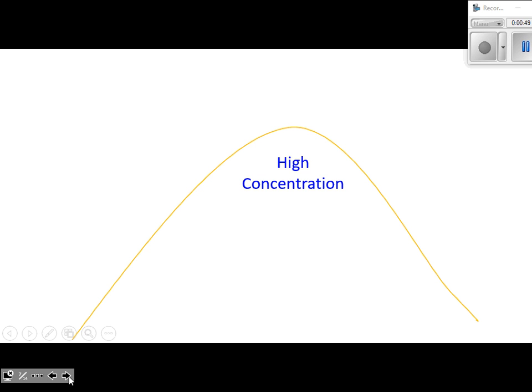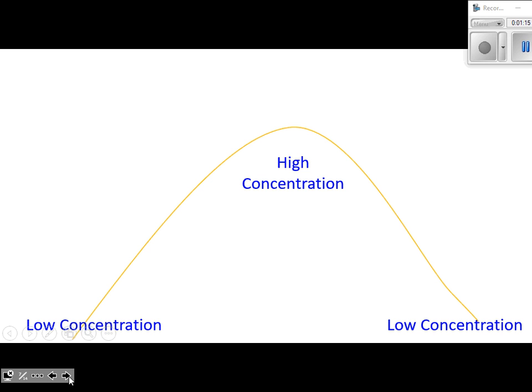And we're going to then represent the two bottom parts of the hill as the low concentration. So the top of the hill is high concentration. The bottom of the hill, whether it's on the left or the right side, is the lower concentration.